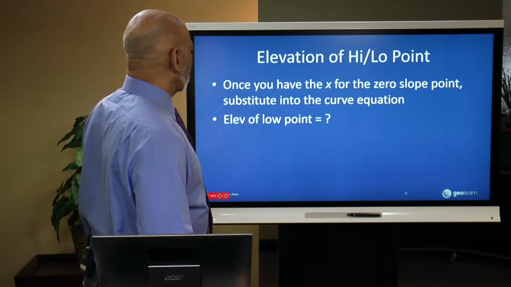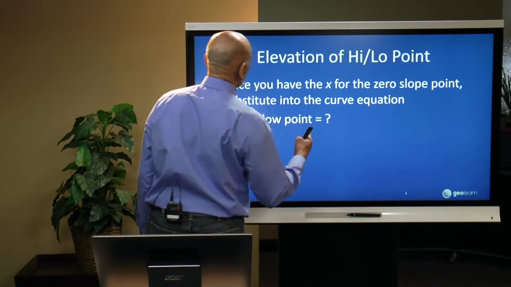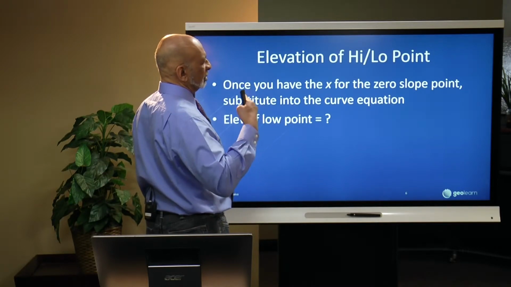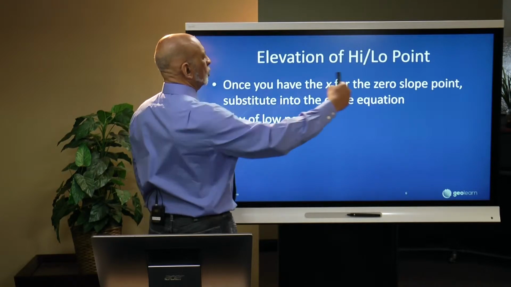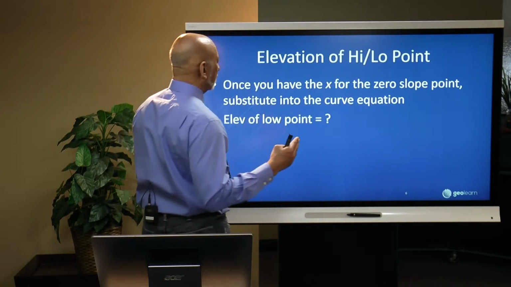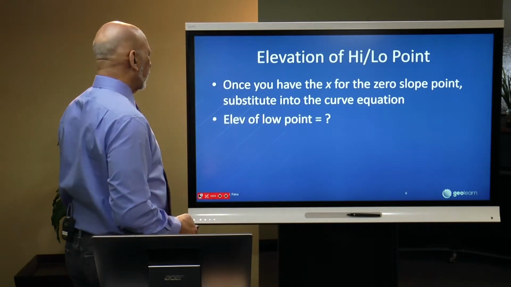So one of the things that you can do then is, once you have the x, meaning the stationing measured from the distance, horizontal distance from the beginning of the vertical curve to the zero slope point, you can then substitute that number into the curve equation to get the elevation of the high or low point.